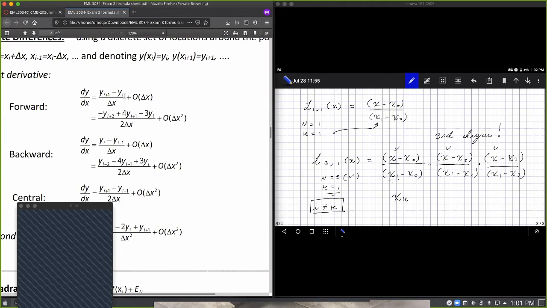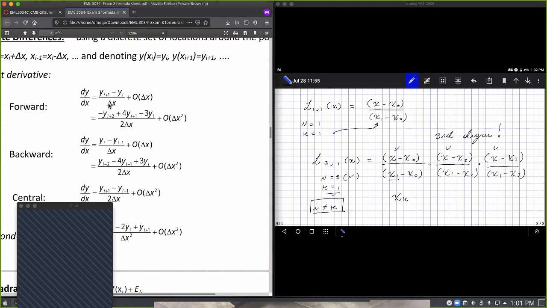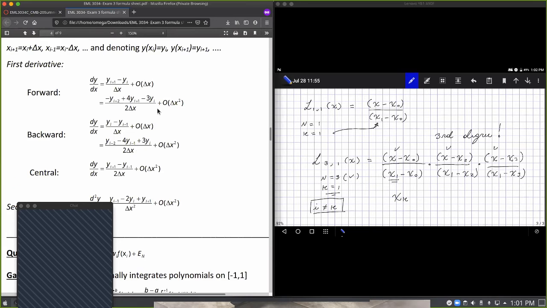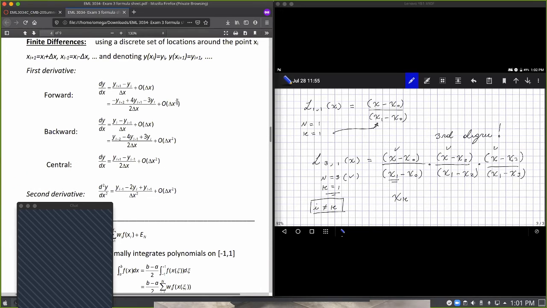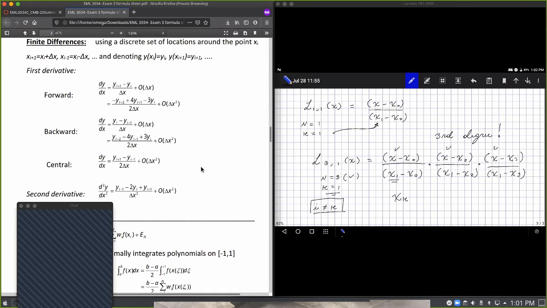If I'm evaluating at x1, this will be my current point, and this is my point in front. This will be the forward finite difference. Look at how they're different from what we saw on the first exam, how they have the delta x squared. That's because these are second order accurate.